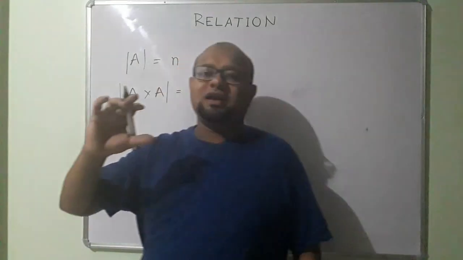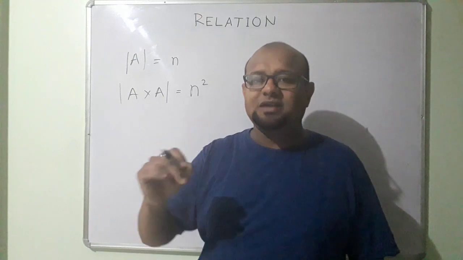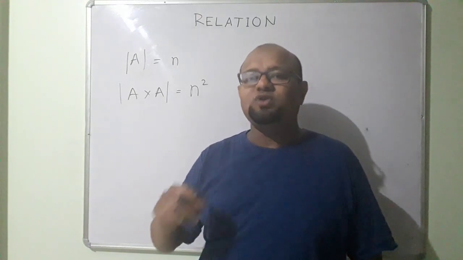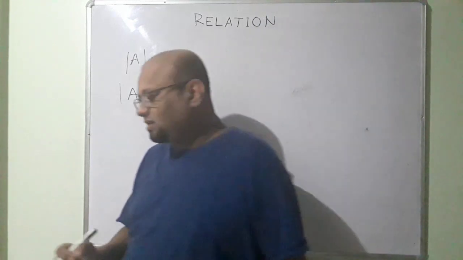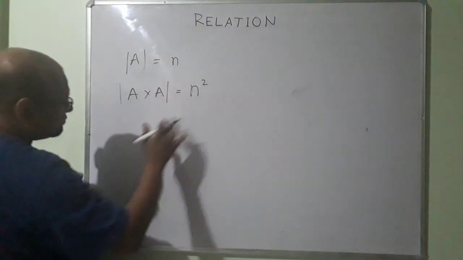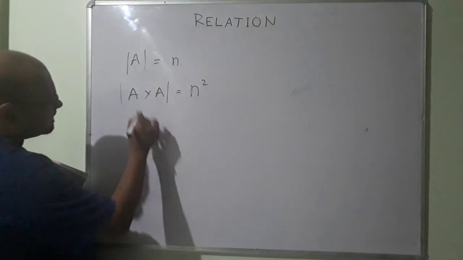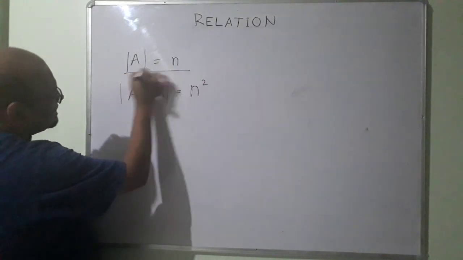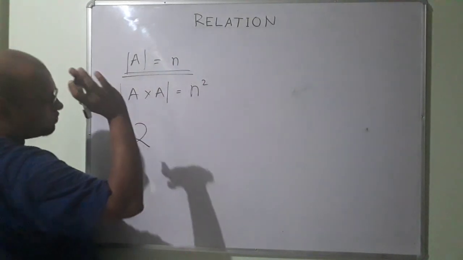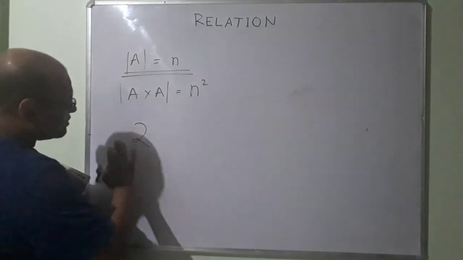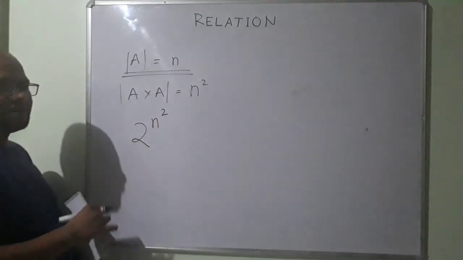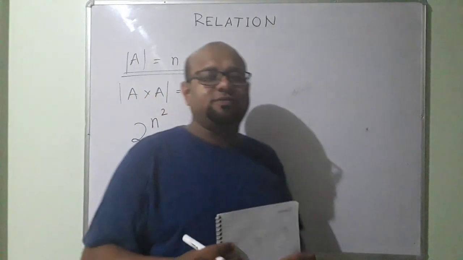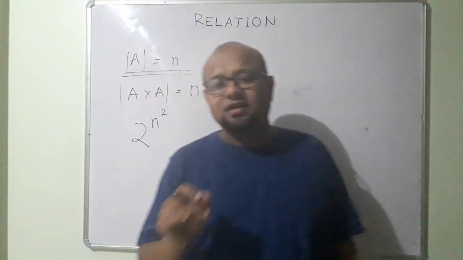So if I have m elements in the set, then 2 to the power m would be the number of subsets of that set, right? So in our set A with n number of elements, we will have a total of 2 to the power n square number of relations that are possible.